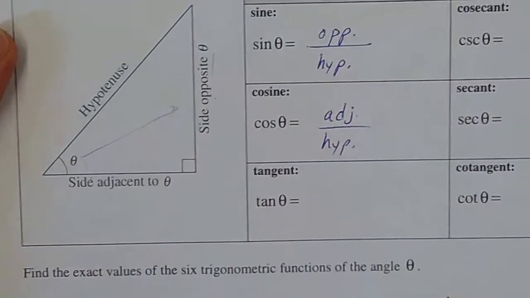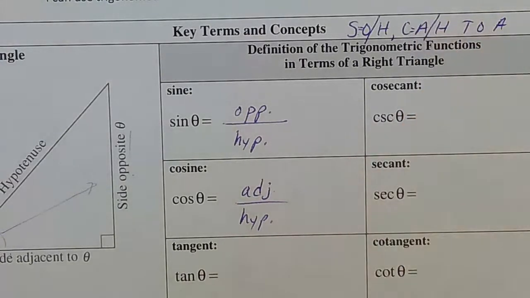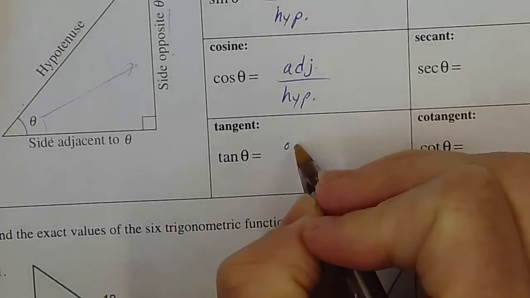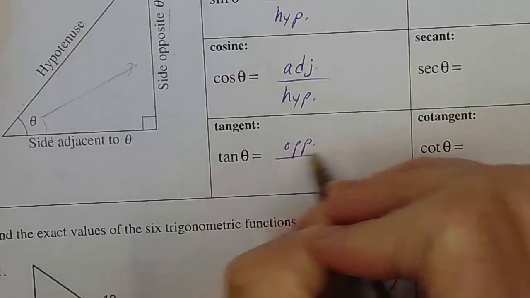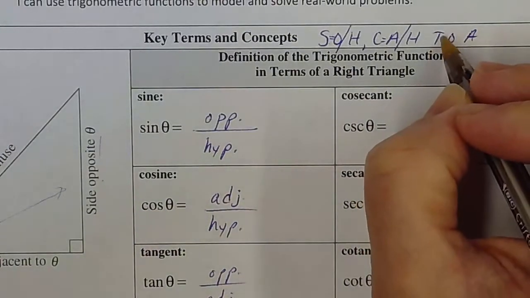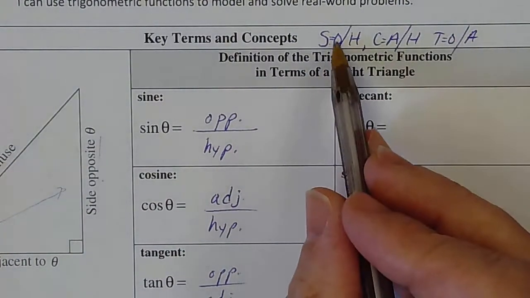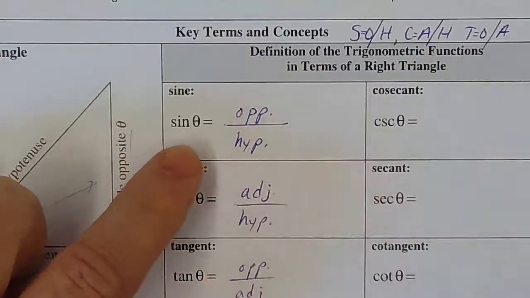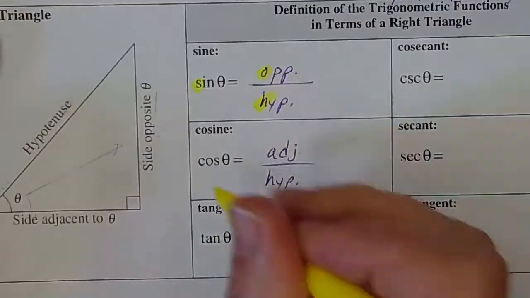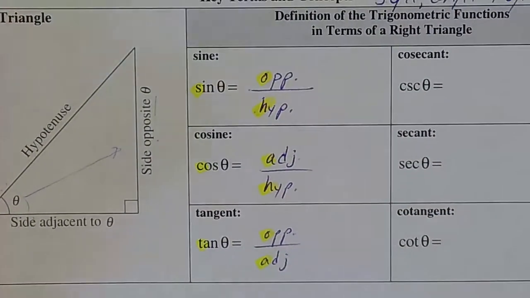So cosine equals A over H. And then tangent theta is equal to the opposite over the adjacent. So that's where those letters come from: S, O over H; cosine, A over H; tangent, opposite over adjacent.